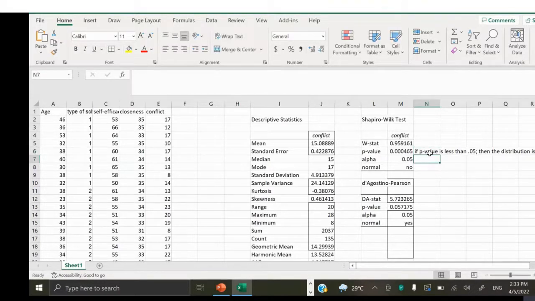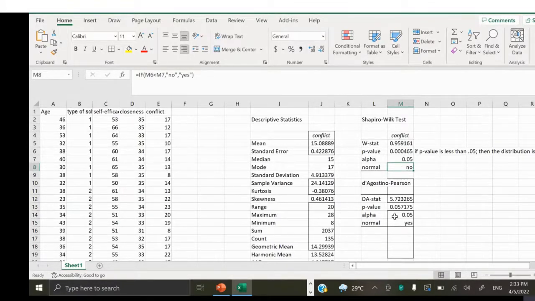Okay? Since this p-value is 0.000465, that is why Shapiro-Wilk here says that the distribution is not normal.